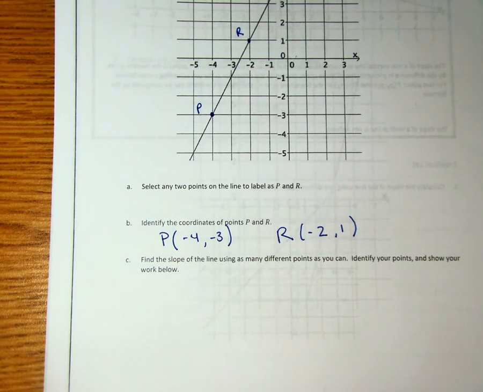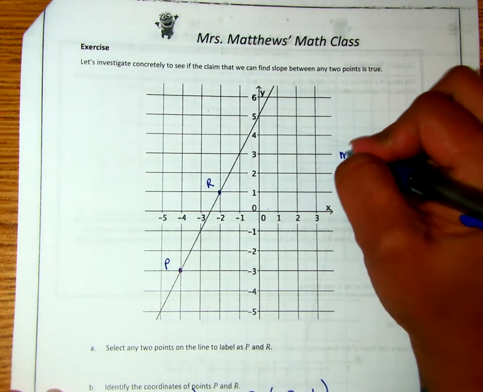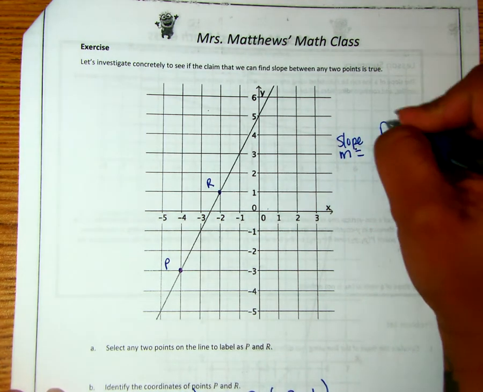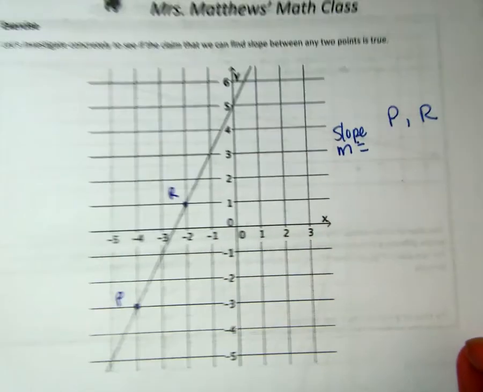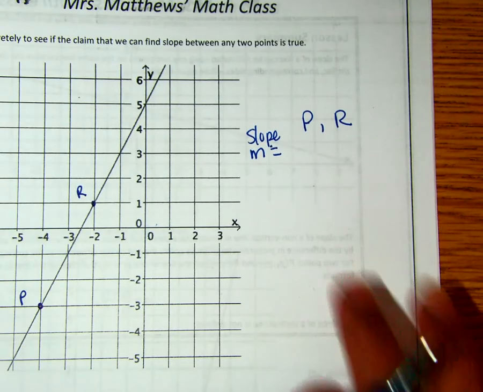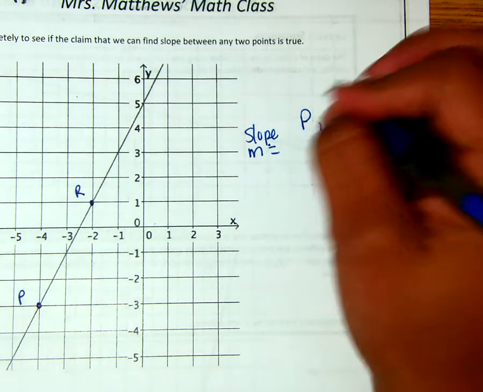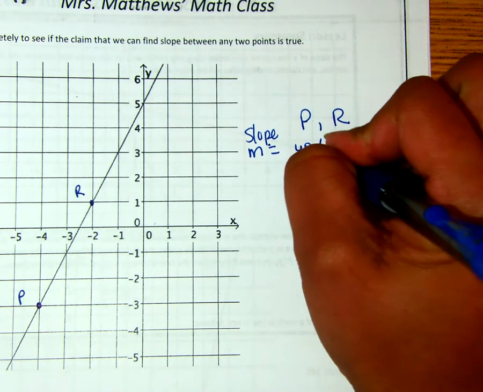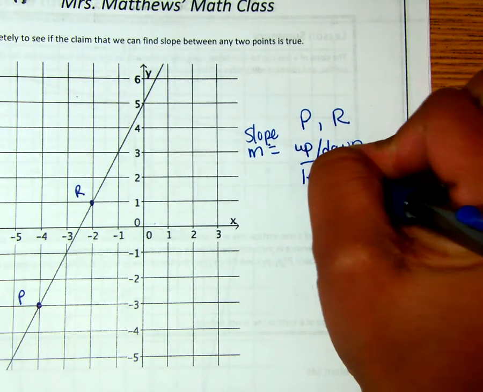Well, this is where our slope formula comes into play. Remember, we're going to take some notes at the top of our paper. Slope is the distance between 2 points on a line. Specifically, we've been calling these points point P and point R. So for purposes of this formula, I'm going to model using variables P and R. Slope is our up or down over our left or right.